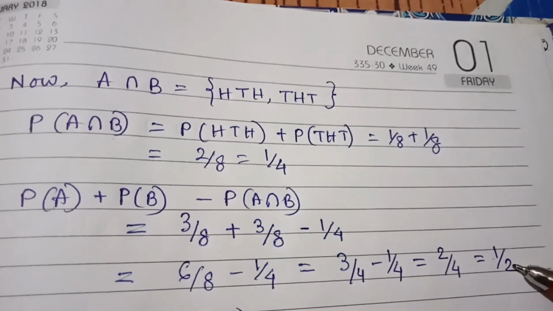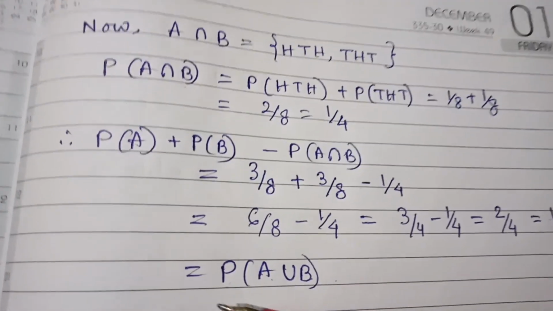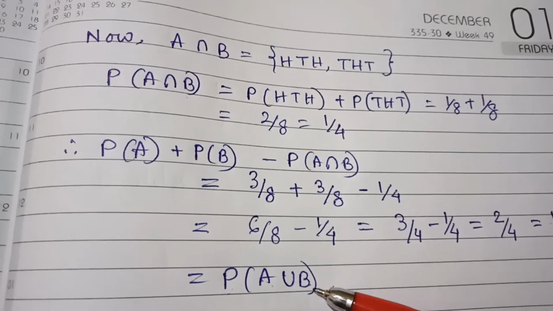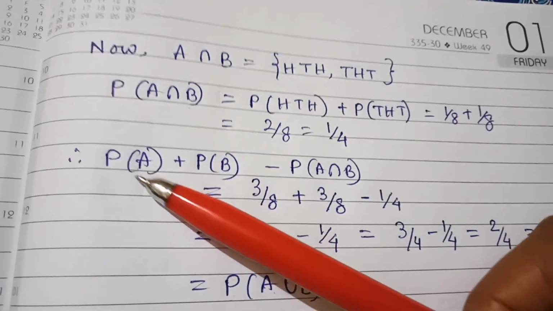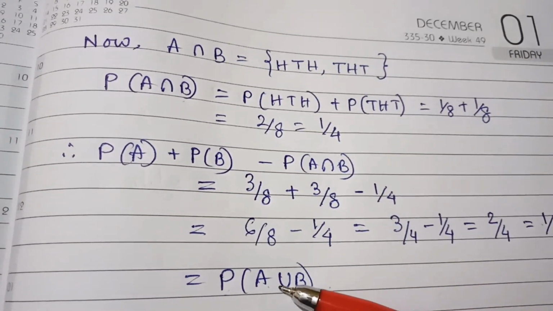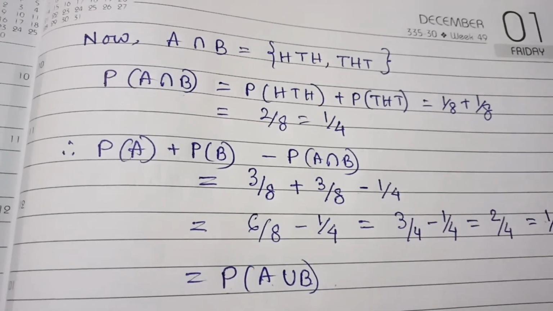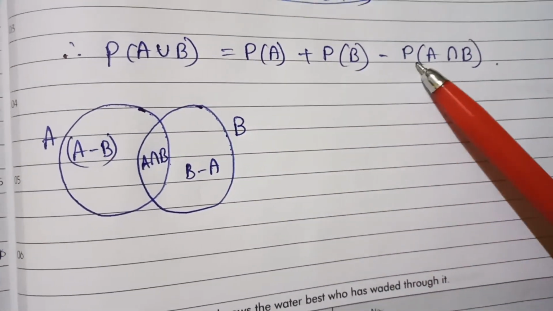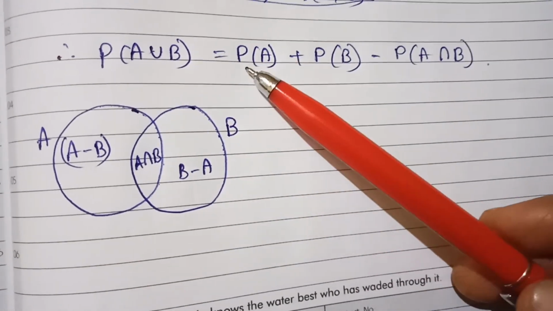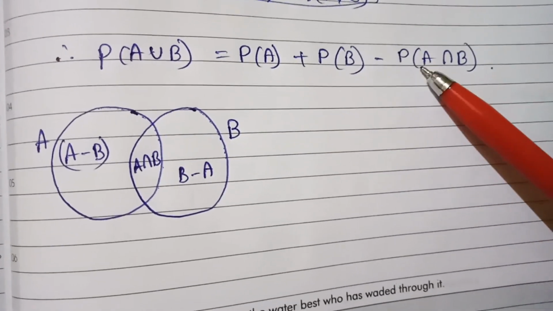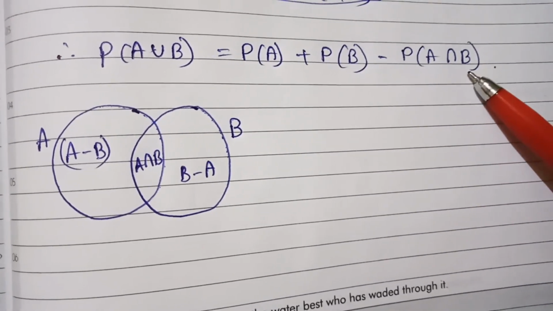Now this half is actually the value of P of A union B. That means we can say this relation equals P of A union B. So this is the relation: P of A union B equals P of A plus P of B minus P of A intersection B.